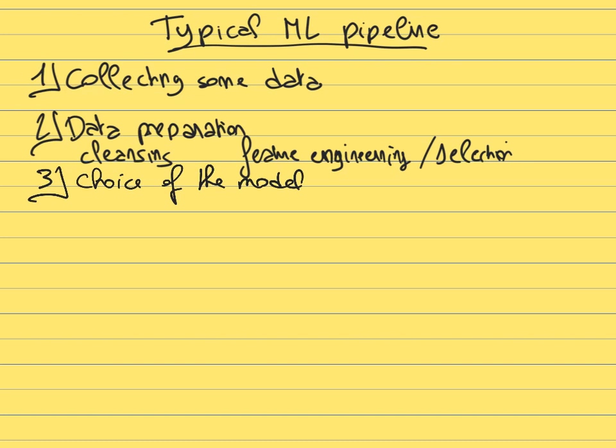So you need to think about, based on what you know, what you have experience with, and what you think will be the best model to approach the problem you're trying to tackle, what is the best algorithm that I should use to solve this problem? This mostly comes with experience.